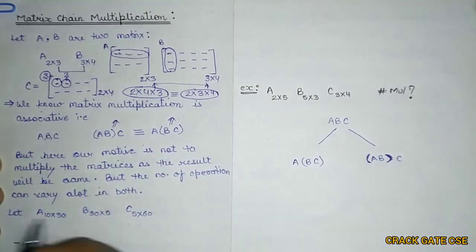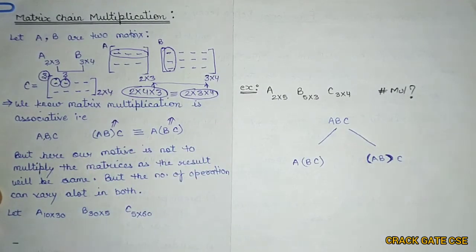So let's see, I am having A, B, C, 3 matrices with dimensions as given below. These are matrix multiplication compatible because these values are same. That means the number of columns is equal to the number of rows of the next matrix. So there are two approaches in which we can multiply.